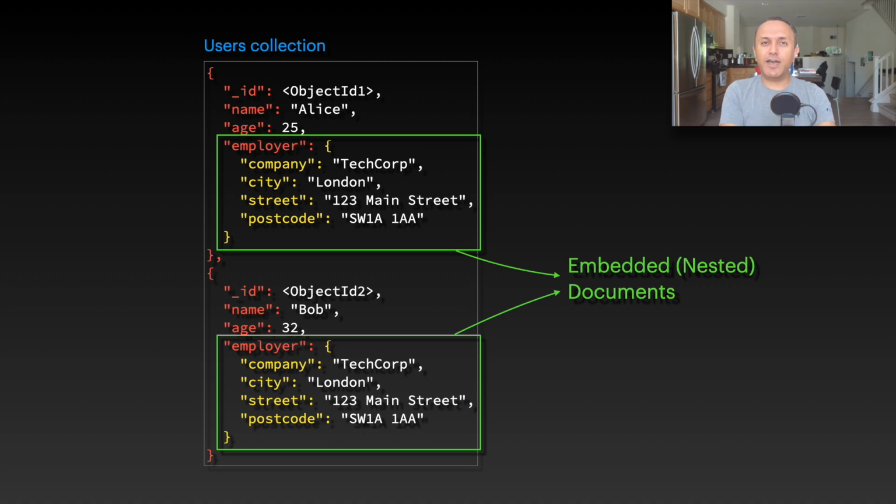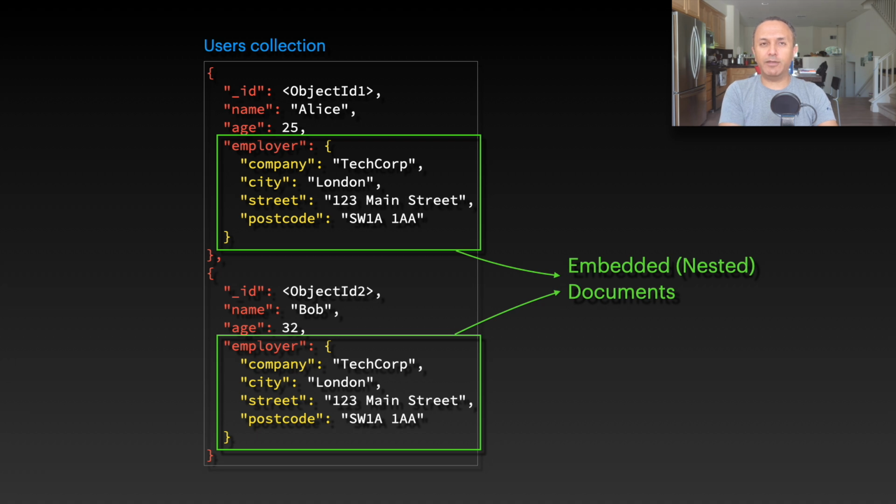The downside of that, as we can see here, is that it introduces potential duplicates. If two users work in the same company, then you duplicate that information twice. And that introduces pretty much all the problems that we've talked about when we were talking about normalization, like when the data is not normalized, or denormalized, as we call it. All the anomalies that we mentioned, the update anomalies, the insertion anomalies, the deletion anomalies, you can find here as well.